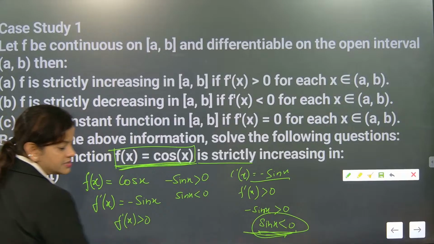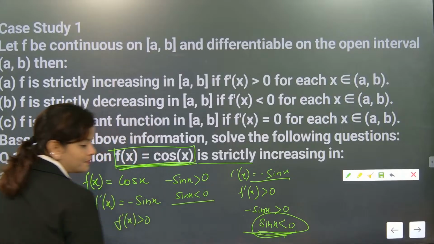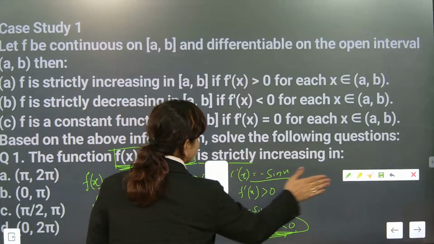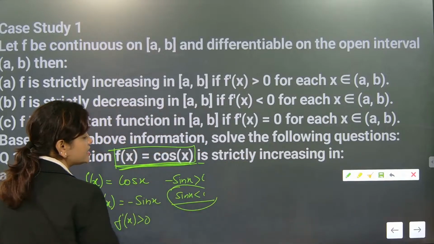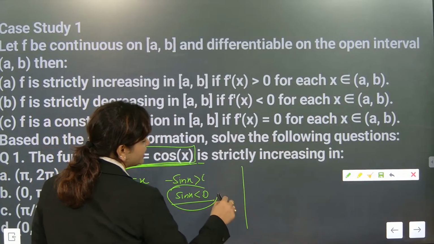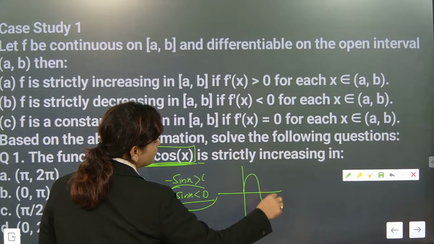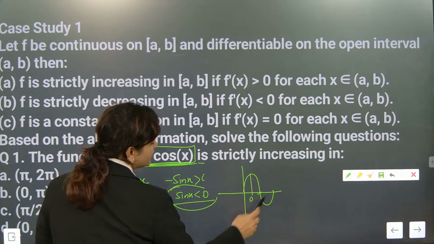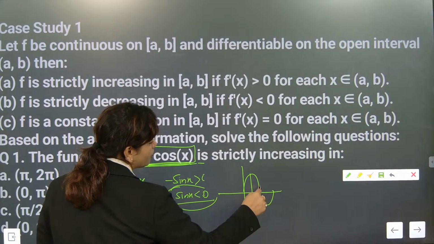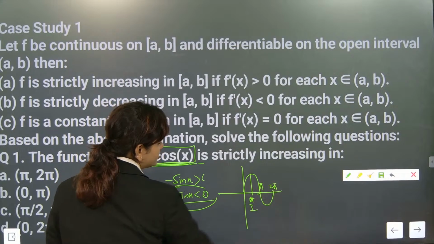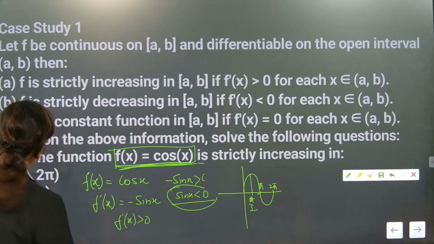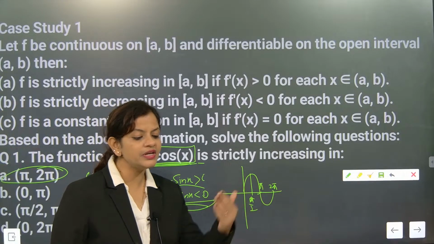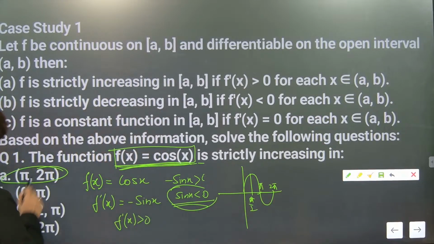Now we are going to check the interval where sine is less than 0. This is the graph of sine, and sine is less than 0 from pi to 2 pi. And when sine is less than 0, cos will be increasing. Understood?